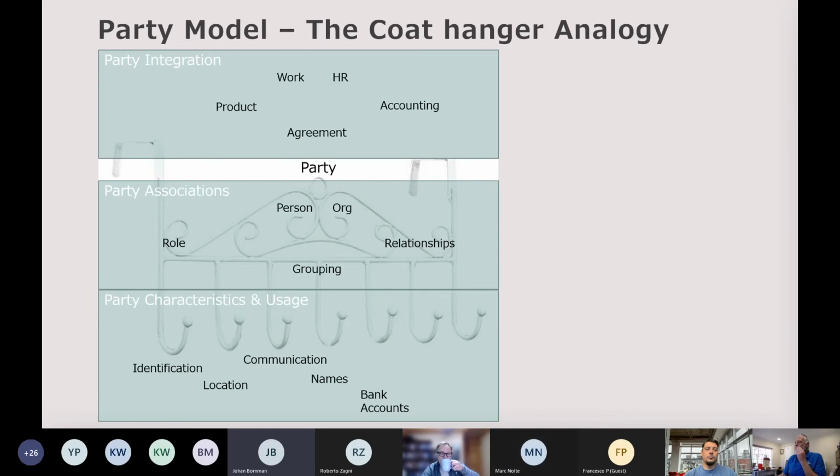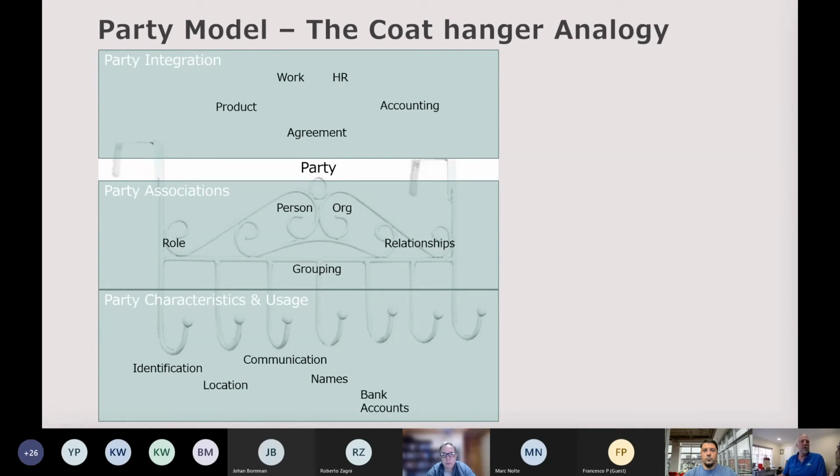Okay, so you'll certainly find, for example, HR will connect with the role entity, where that party is playing the role of employee. I'm not saying that all the other different subject areas have to connect to the party ID. They can certainly make use of the different roles.